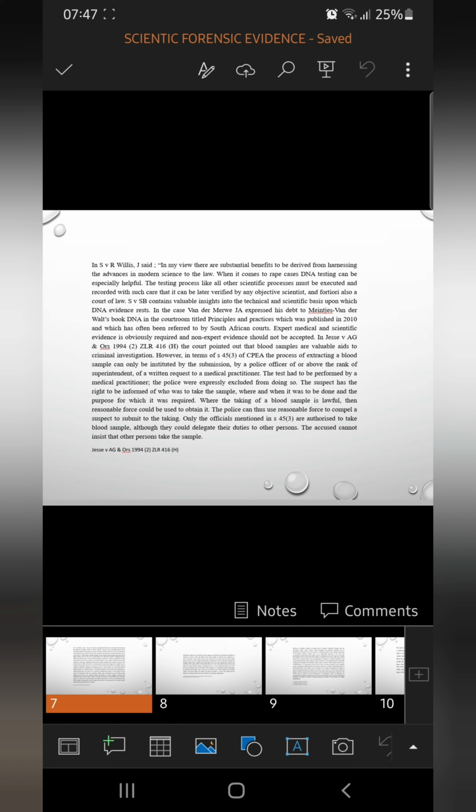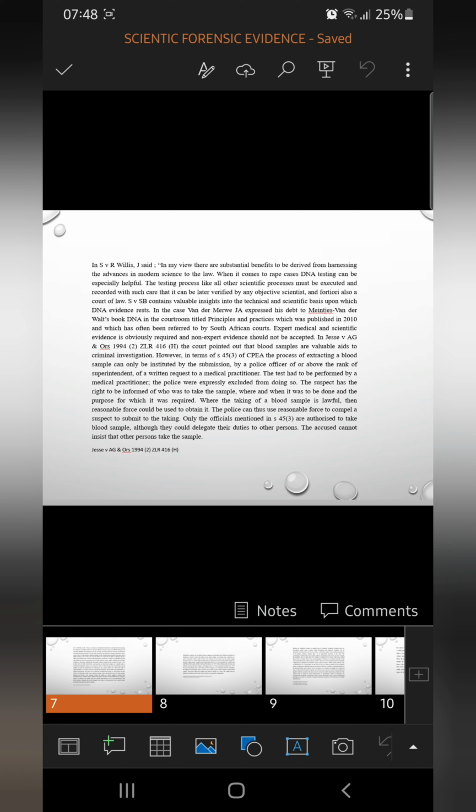The suspect has the right to be informed of who was to take the sample, where and when it was to be done, and the purpose for which it was required. Where the taking of a blood sample is lawful, reasonable force could be used to obtain it, so the police can use reasonable force to compel a suspect to submit to the taking.